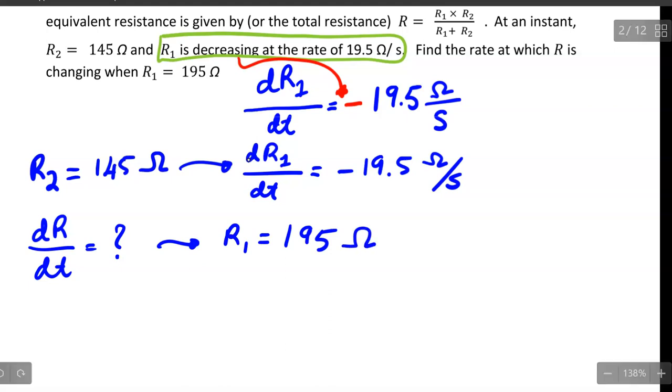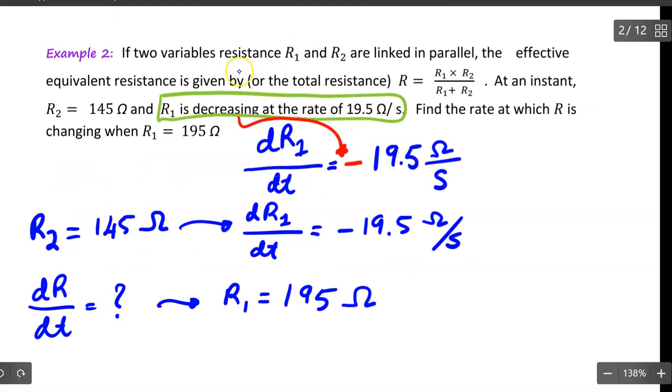Alright, so we have these four variables and four rates, variables and rates, I should say that. So we will find the rate of R1 and the rate of the total resistance, and R2 and R1. So four rates and variables in order for us to solve this related rates problem. Okay, so it's more like we translate exactly what is written to us here into mathematics, right?